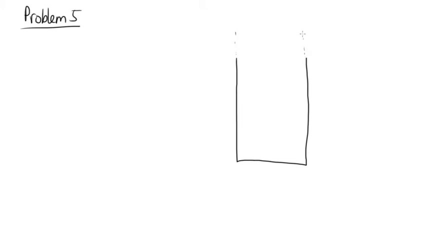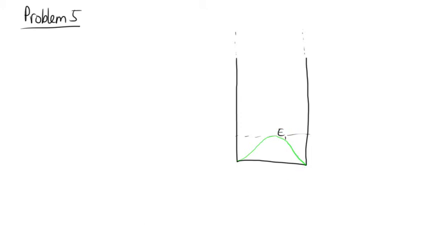Okay, so this is problem 5. So in this problem, we've got an electron which is initially trapped in an infinite potential well. So it will have some ground state, E1, with some wave function, which looks something like this.